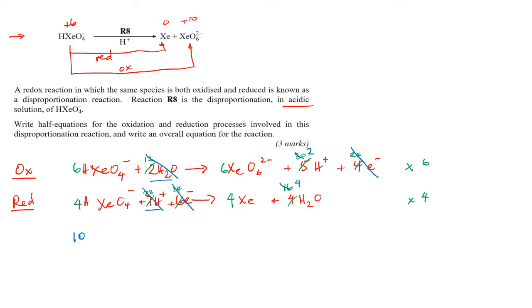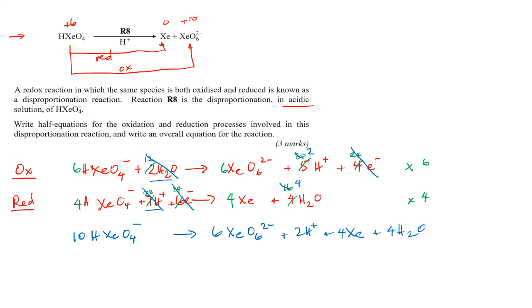Okay, so we're going to have 10 HXeO4 1- ions. That's all we've got on the left-hand side. On the right-hand side, we've got 6 XeO6 4-, we've got our 2 hydrogen ions, and then we've got our 4 xenon atoms and our 4 water molecules, like so.